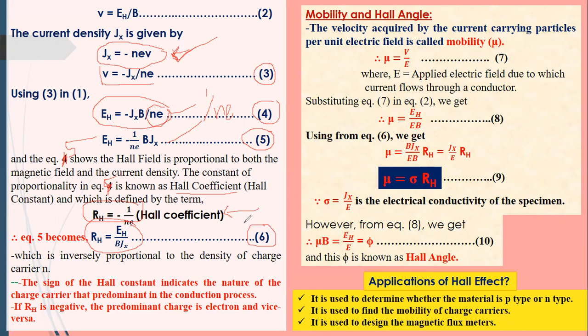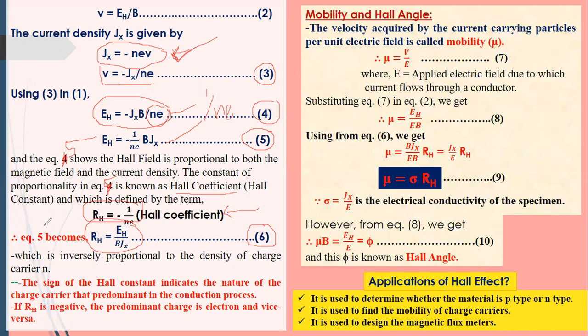RH is inversely proportional to the density of current carriers N, and the sign of the Hall constant indicates the nature of the charge carrier that predominates in the conduction process.